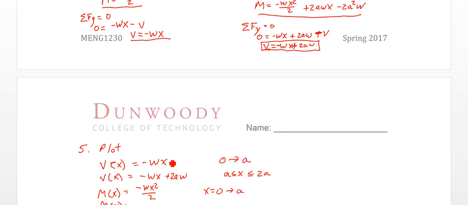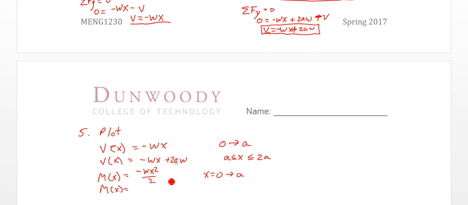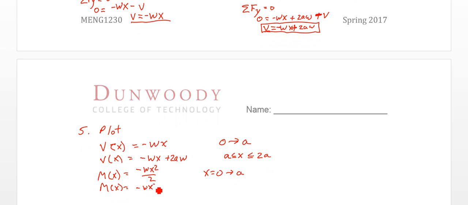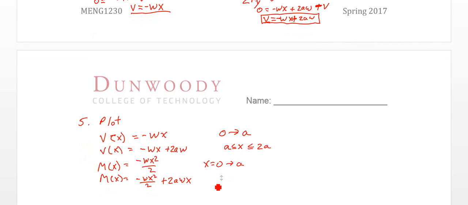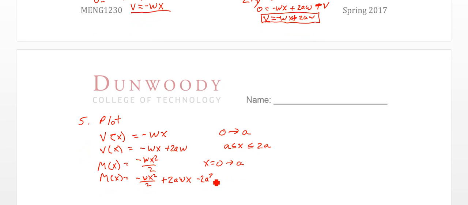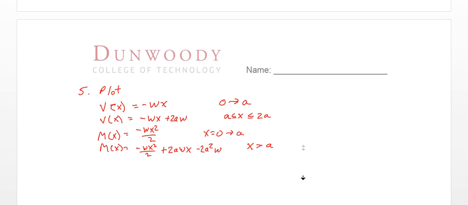Negative wx squared over 2 plus 2awx, and minus 2a squared w. Alright, so we can plot those out.